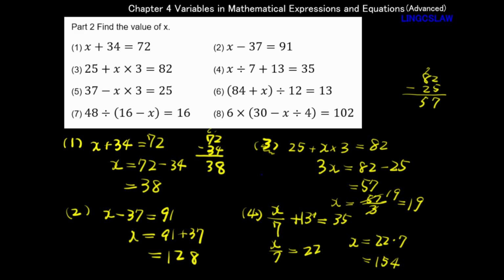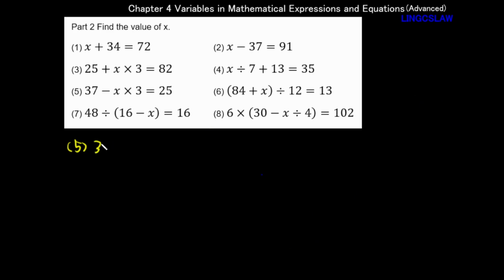Now let's go on to number 5. 37 minus x times 3 equals 25. Let's subtract 37 from both sides.